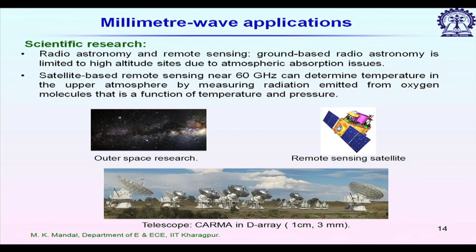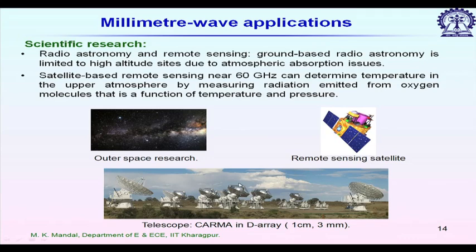It used frequencies around 1 centimeter and 3 millimeter, and it consisted of 23 parabolic reflector antennas. It is quite big, and it was maintained by the California Institute of Technology, but right now it is not in working condition. So, we could take images from a ground-based system by using these large aperture arrays, and we could gather much information by using these millimeter wave imaging systems.